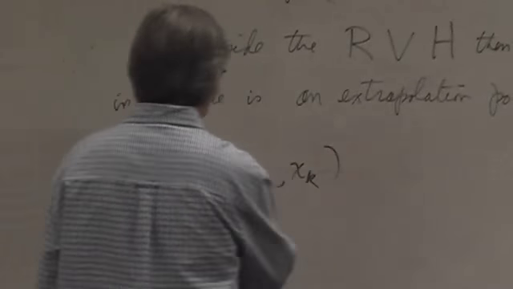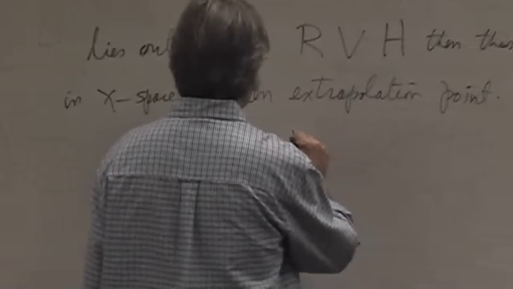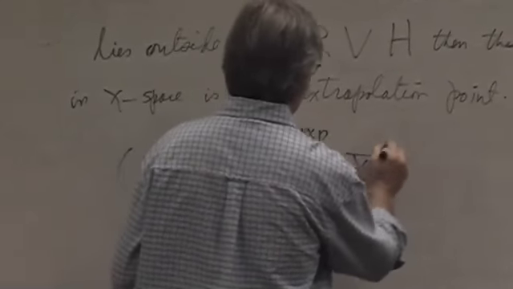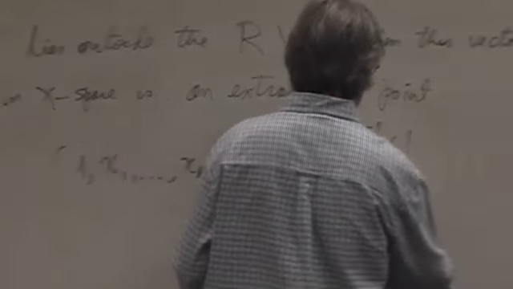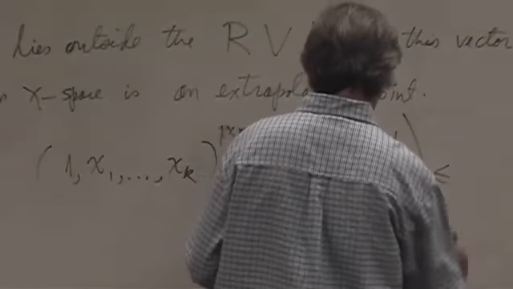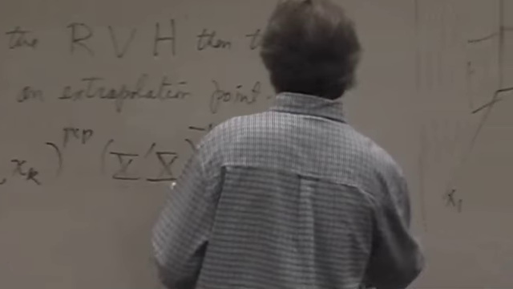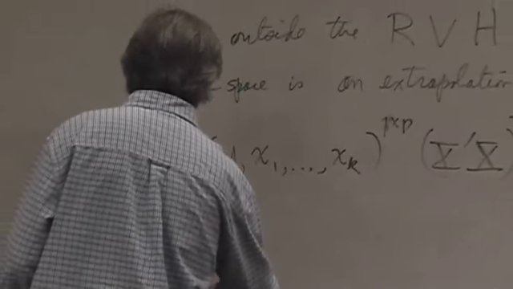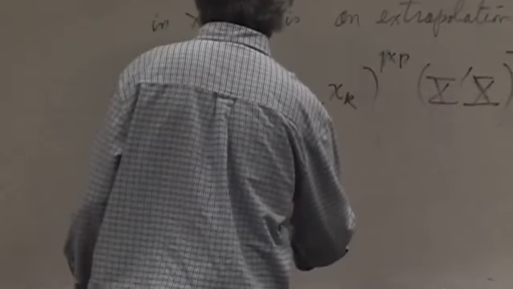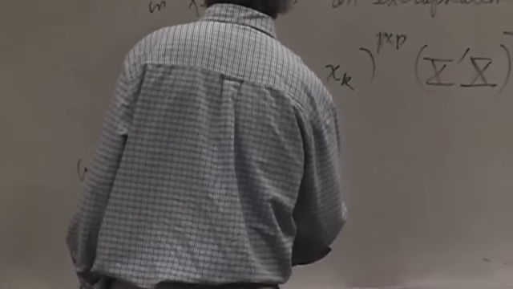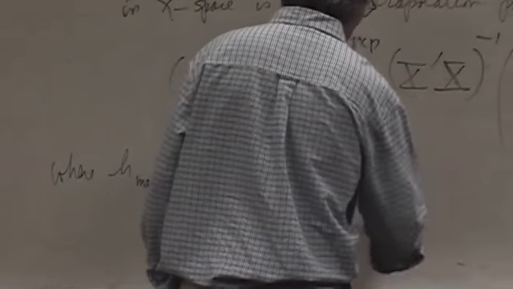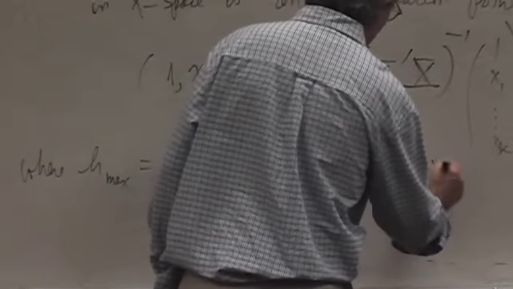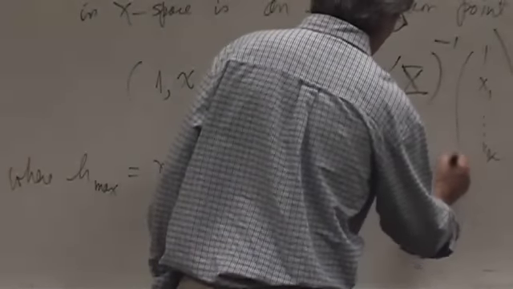That if I take this vector and I'm throwing in the 1, because I want a 1 by p vector, and if I take this times (X prime X) inverse, and then the column 1, x1 down to xk, and I consider the inequality of this less or equal to h max, where h max is equal to the maximum of the diagonal elements of the H matrix, where H is equal to X (X prime X) inverse X prime.